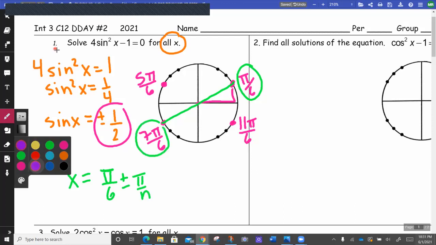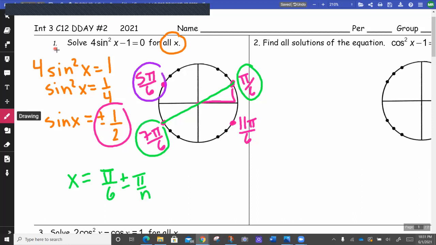And then if I take my 5pi/6 and add pi, I end up with this one. So another answer is going to be 5pi/6 plus or minus pi n. And so those are going to be our answers.